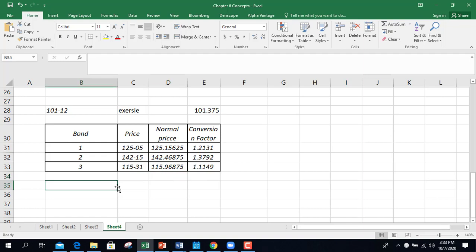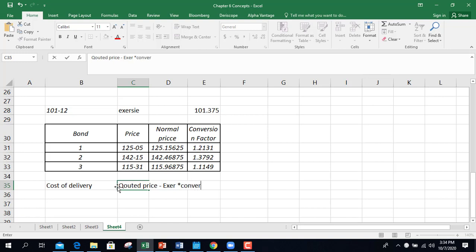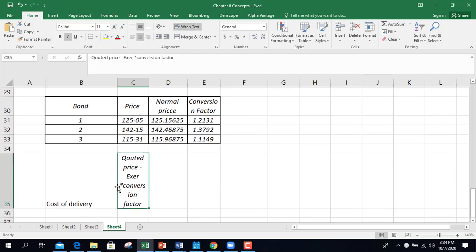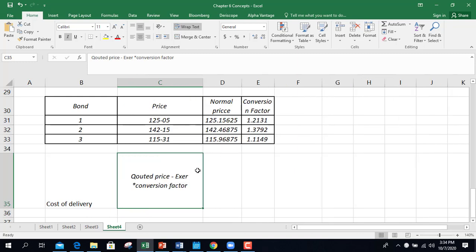So what is cost of delivery? Cost of delivery is always the quoted price minus exercise price into conversion factor.